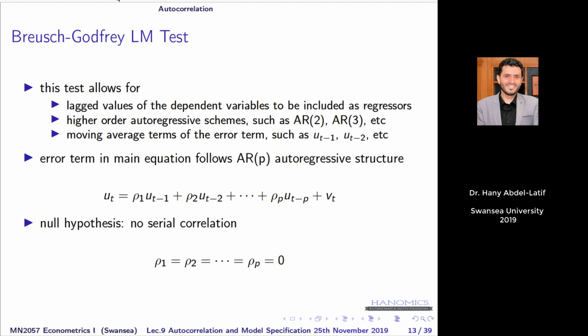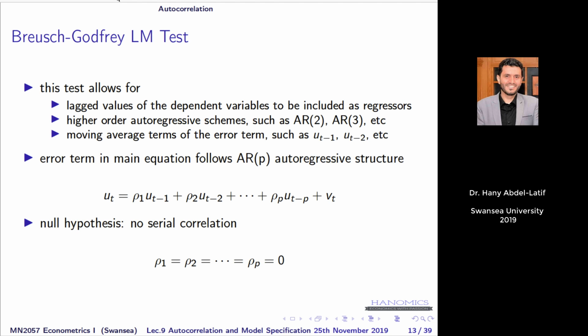But there are many assumptions about the Durbin-Watson test, and what if we want to go beyond the first lag? Remember the error structure that we assumed is AR1. Okay, it's autoregressive of order 1, meaning that your error in time t depends on your error in time t minus 1. That's what we assume.